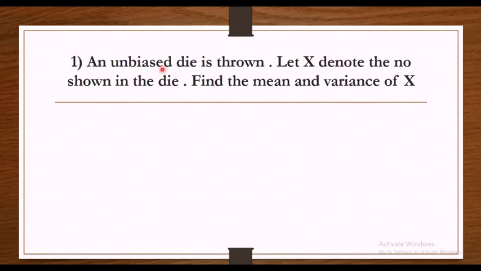Now again, when a question like this appears where the distribution is not mentioned, by looking at the example or the case study, you should know which distribution it would follow. You have the information about X, the values that X can take, and you also know the case. This example has been discussed in the previous video, but I was not referring to it to find the mean or variance.